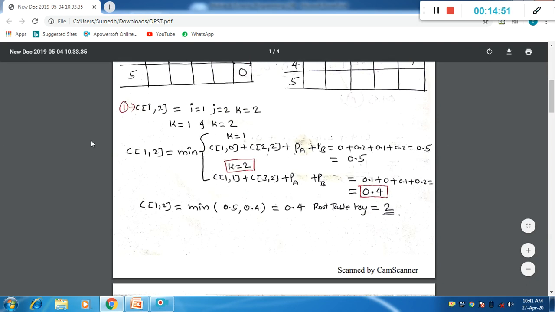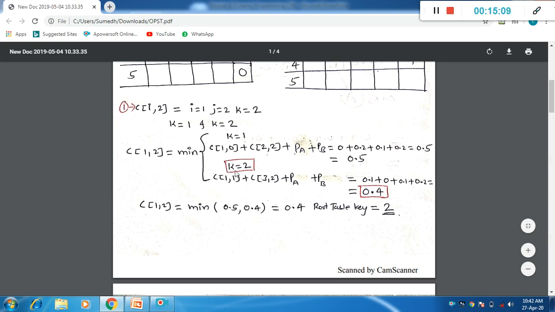Then out of these two values, 0.5 and 0.4, you choose the minimum, which is 0.4, and K equal to 2 generates the minimum value 0.4.